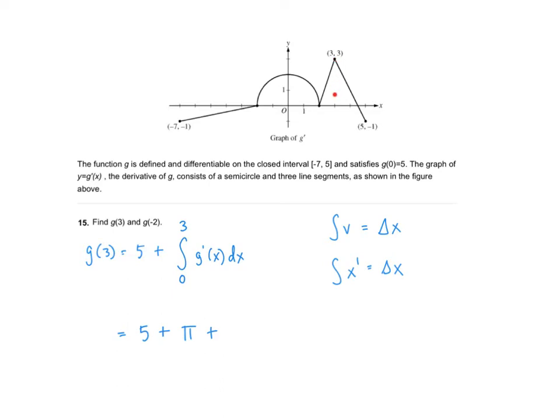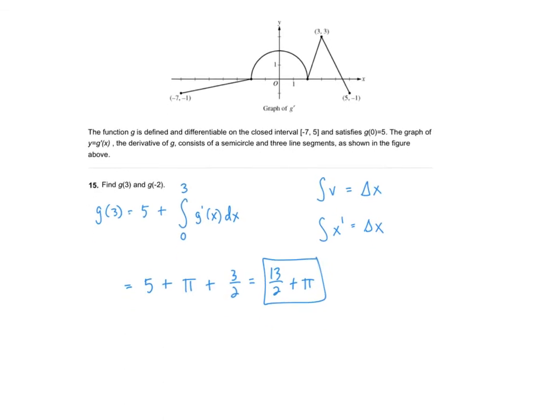And then the area from 2 to 3, because we need all the area from 0 to 3, is going to be 3 halves, just the area of that triangle. Okay, and then that's it. So just add those together. That'll be 13 over 2 plus pi. Okay, so that's g of 3.